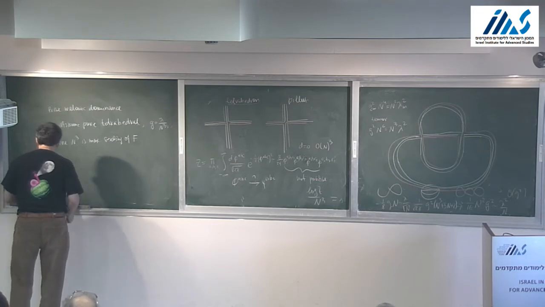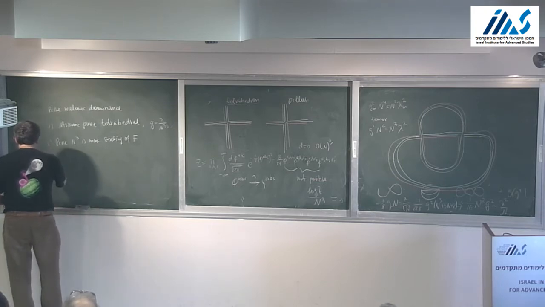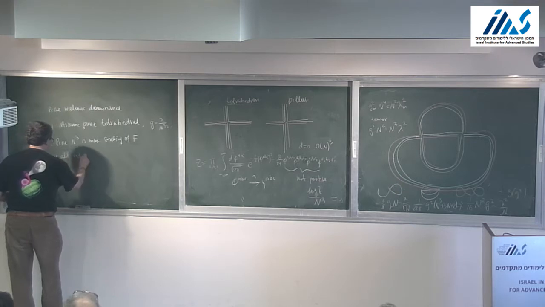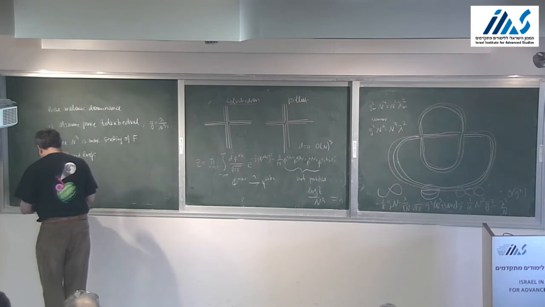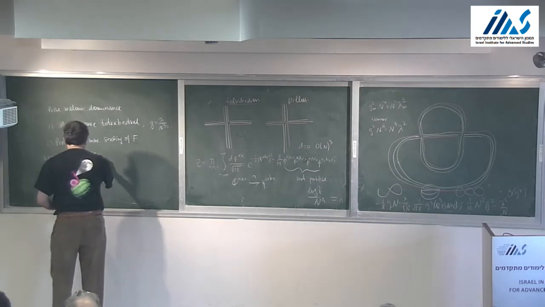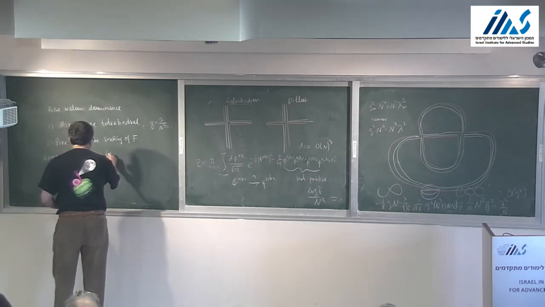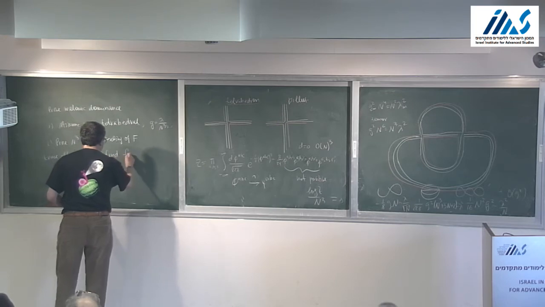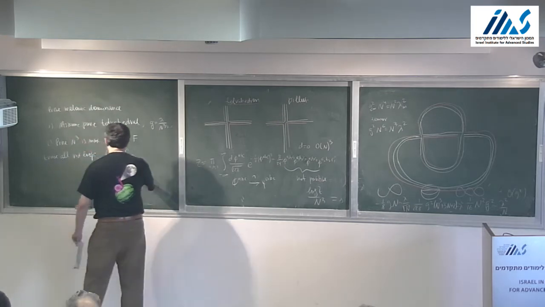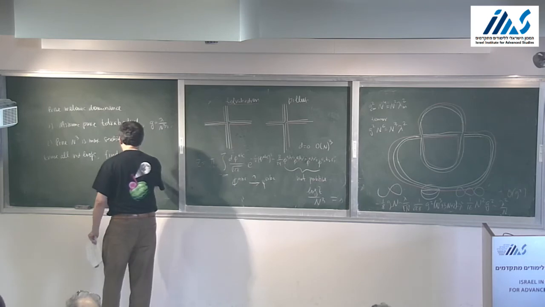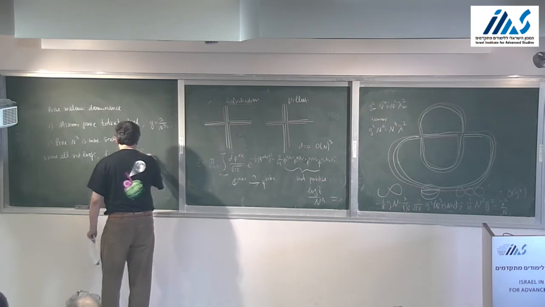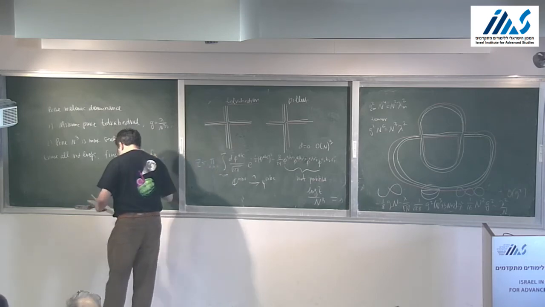For example, erase all red colored loops, and then you can calculate FBG, which is the total number of loops in the remaining graph, which is just FB plus FG, right?